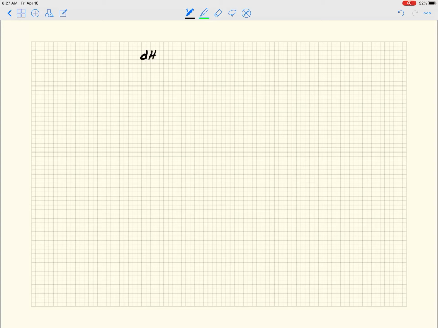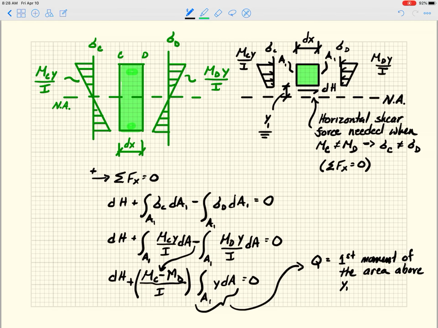So dH now is going to be equal to (MD minus MC) divided by I times Q. I did two things here, so please don't get confused. The y times dA just became Q, and then I moved the term (MC minus MD) over I times Q to the other side.